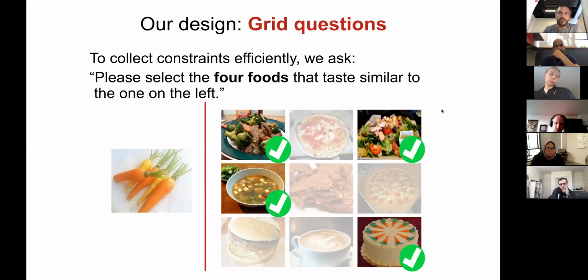But from a human perspective, we found that when we put these tasks on Mechanical Turk, we are getting more bang for the buck per screen. Each time we pop up these carrots and this grid, and someone selects, in this case, 4 out of 9, they're indicating that those 4 images are closer to these carrots than the remaining images in that grid.